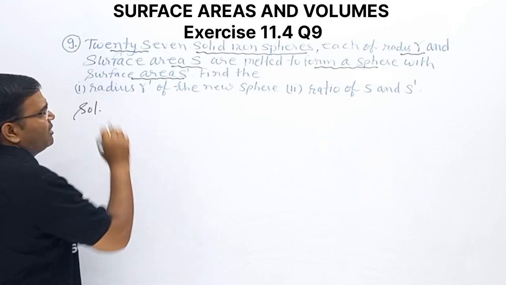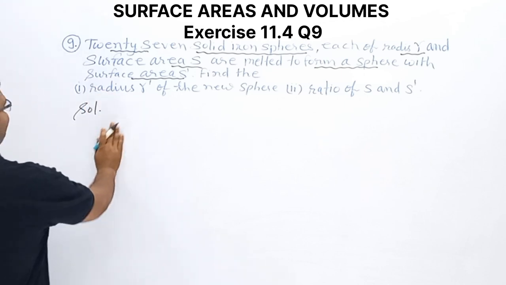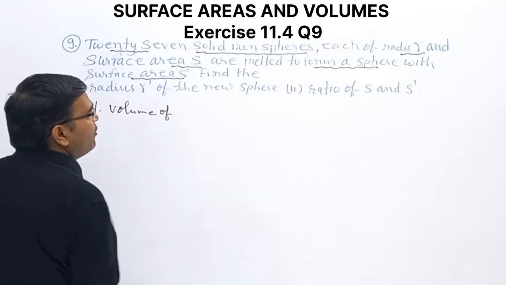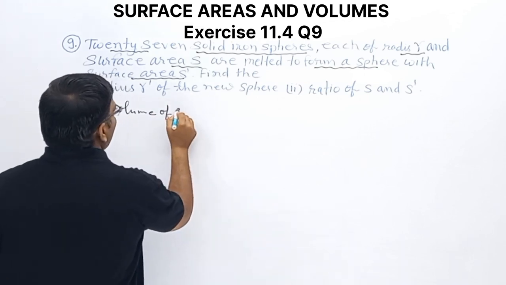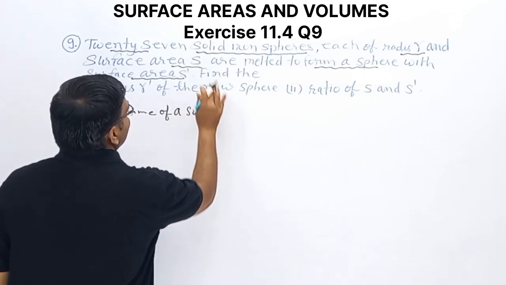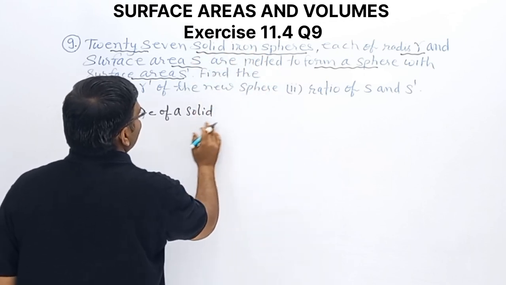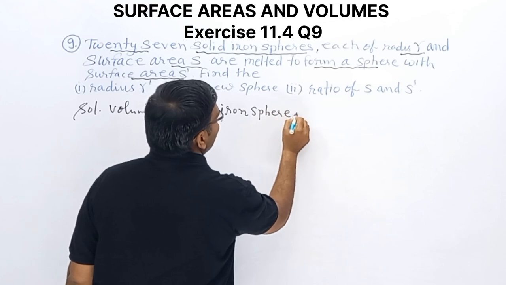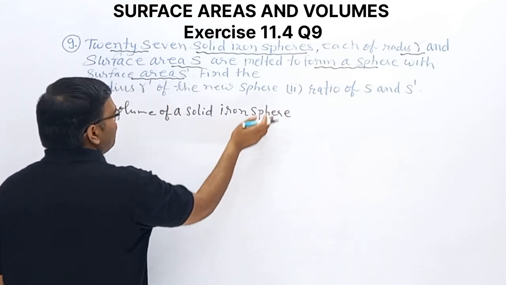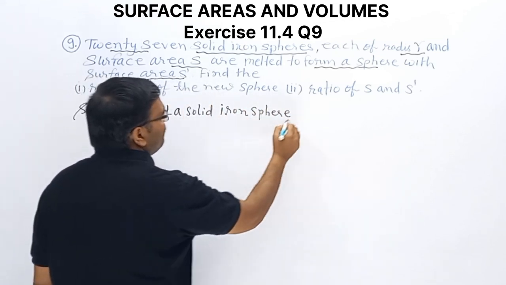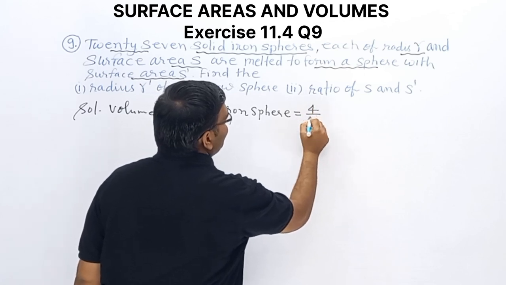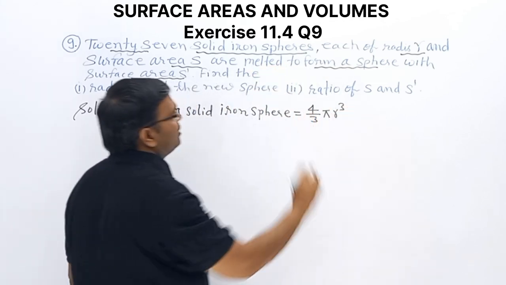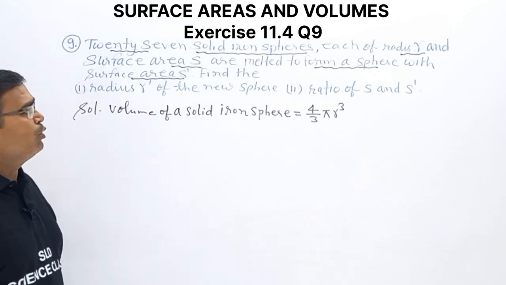Observe this solution. Volume of a solid iron sphere. Volume of a sphere is 4 upon 3 pi r cube.